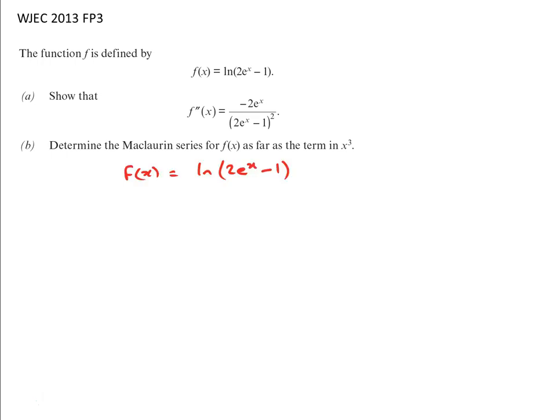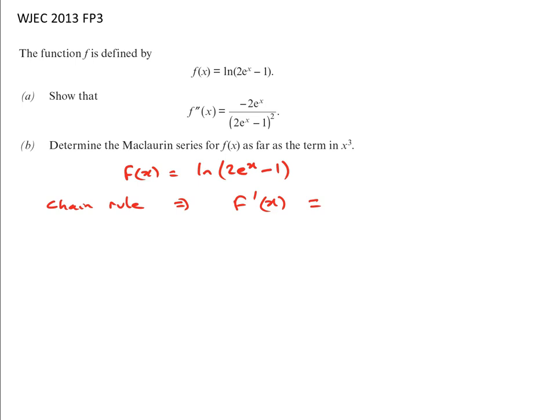So we've got f of x is the natural logarithm of 2e to the x, take away 1. To find f double dash x, we need to differentiate twice. So the chain rule will be used to find f dash x. The derivative of 2e to the x, take away 1, is just 2e to the x.